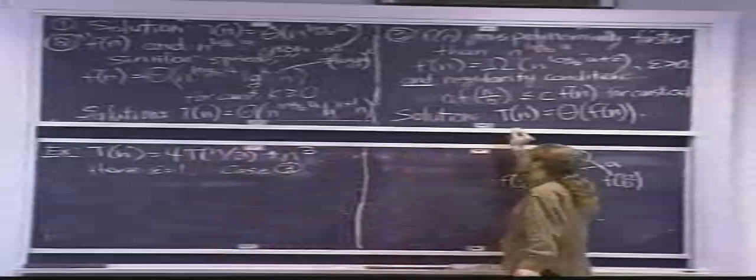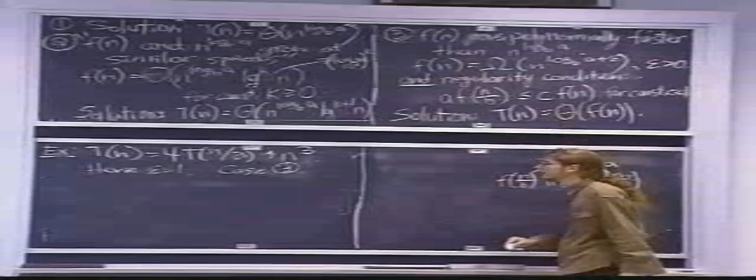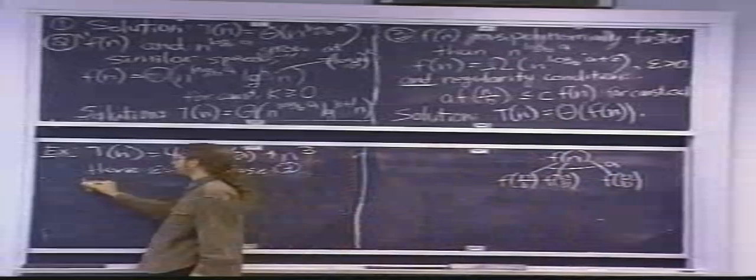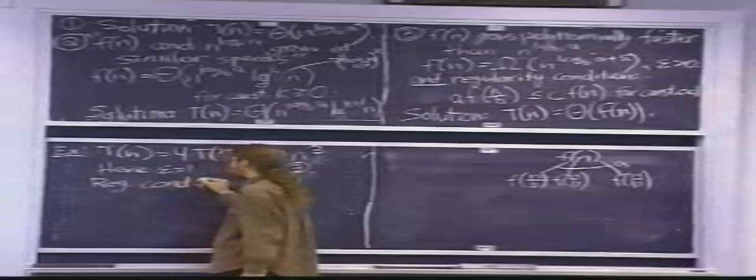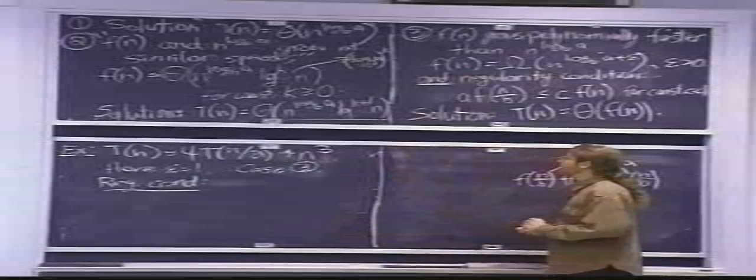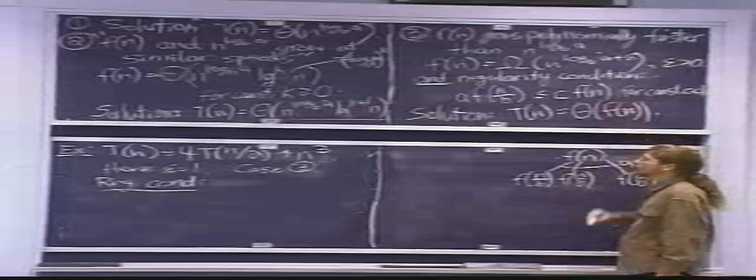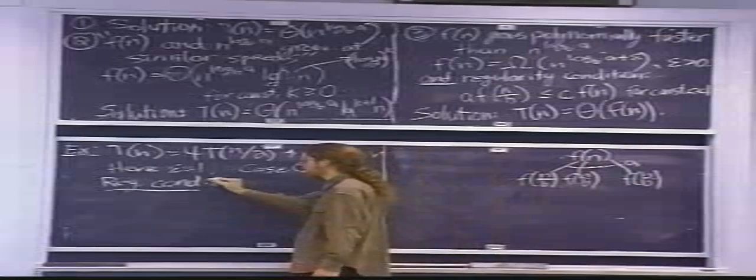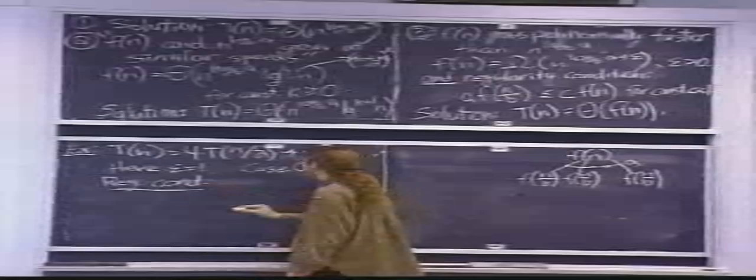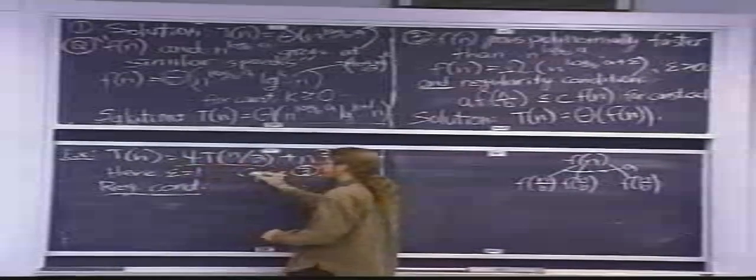Now, in case 3, we have to check this extra condition, the regularity condition. And fortunately, in this case, it will hold. Most of the time, it will hold. Most of the time, f of n is polynomial, and this will work out. But you have to check it, because the theorem doesn't hold otherwise. So we have a, now, we want to look at this, but with f plugged in.